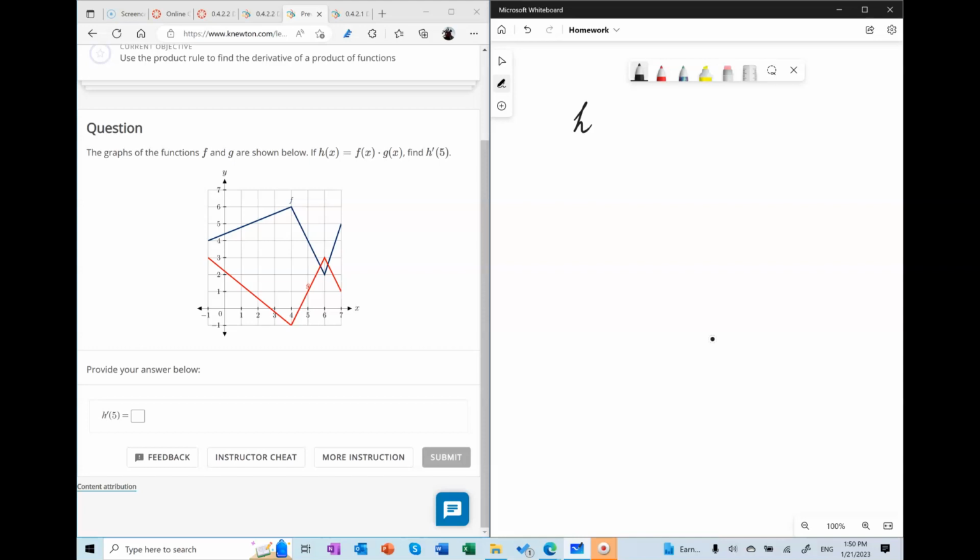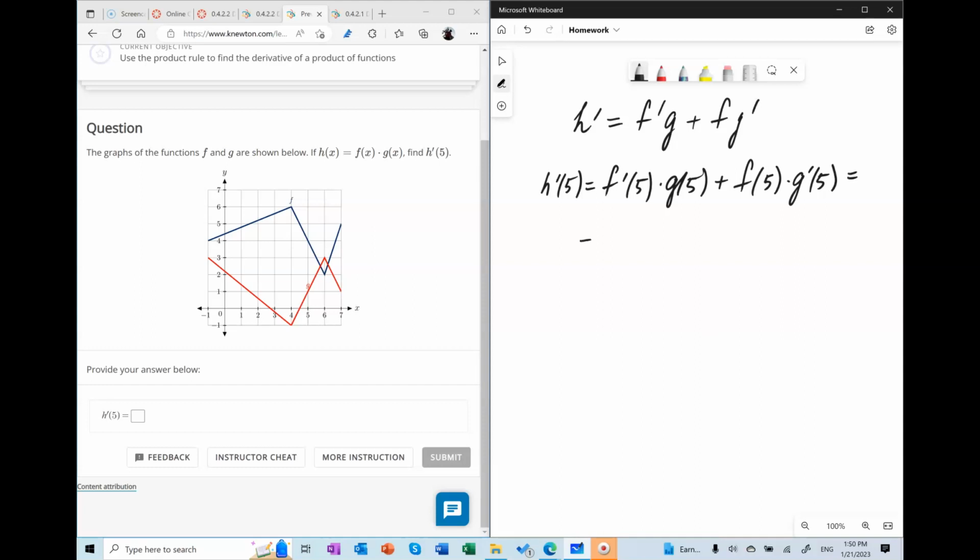So h prime will be equal to f prime times g plus f g prime, and evaluating it at 5 means we plug in 5 into f prime and g, and then f and g prime.